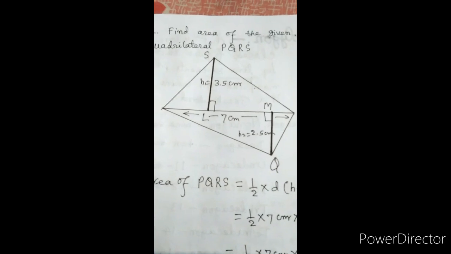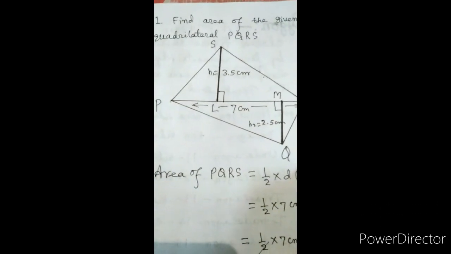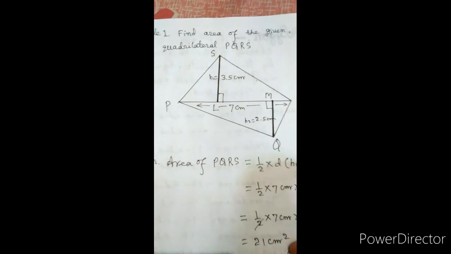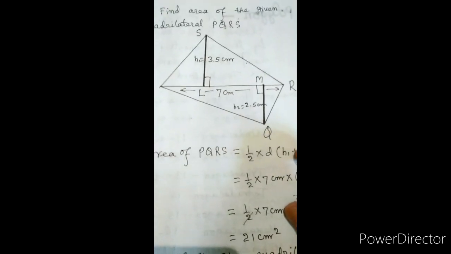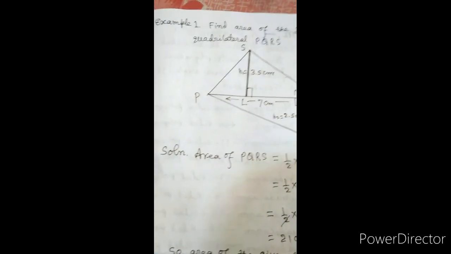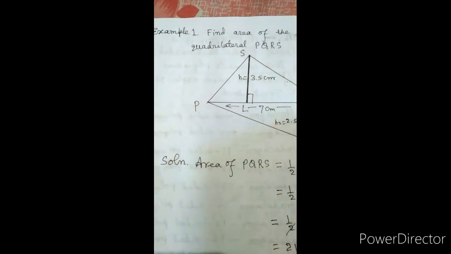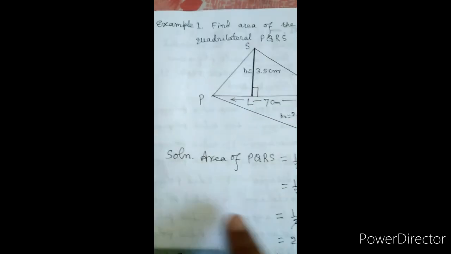Diagonal is PR, which is given 7 cm. We can find its area with the help of formula 1/2 into D into sum of altitudes drawn from opposite vertices to the diagonal. It means half into PR into sum H1 plus H2.